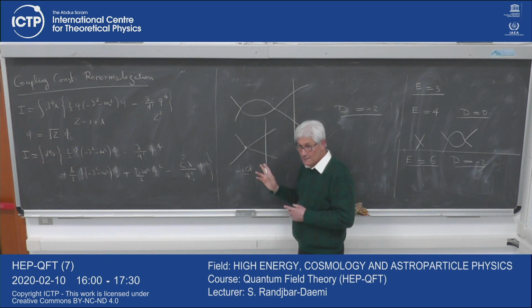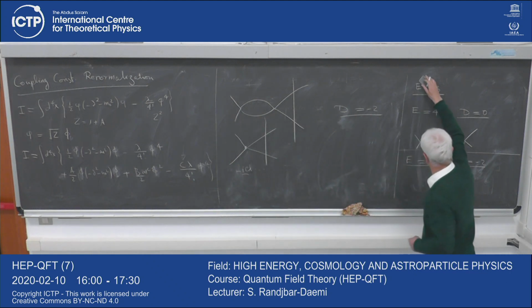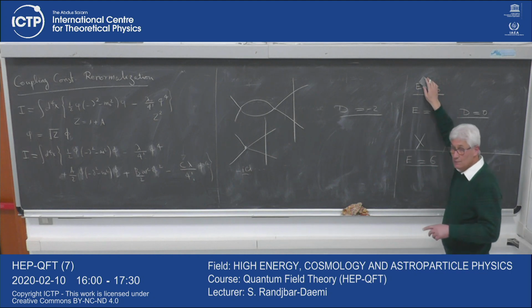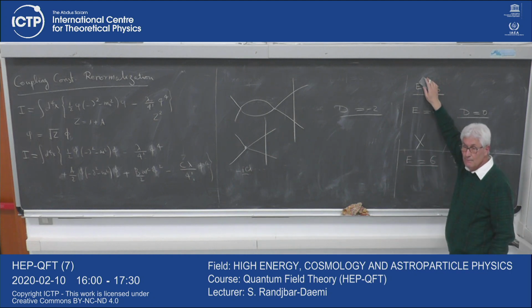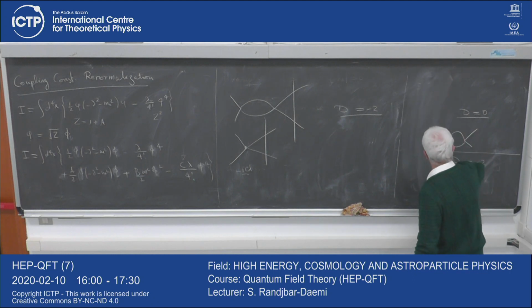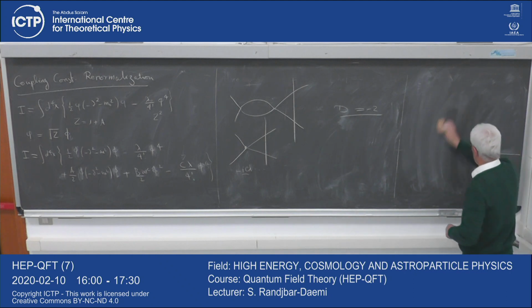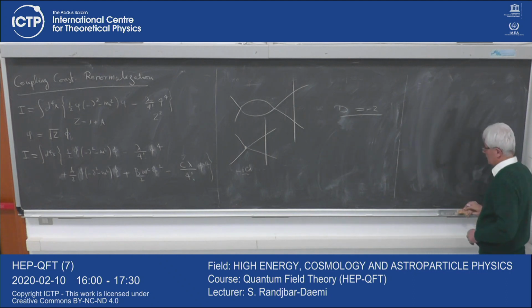To see the difference, what happens with the non-renormalizable theory, let's go to the formula again. So do you have a question at this point? No? So let's go back to the formula for superficial degree of divergence and write it again.